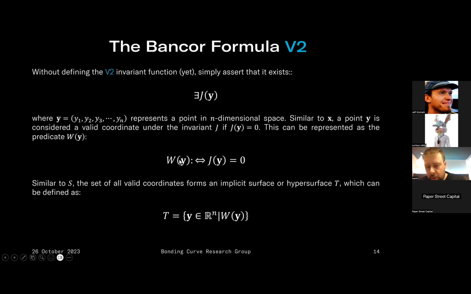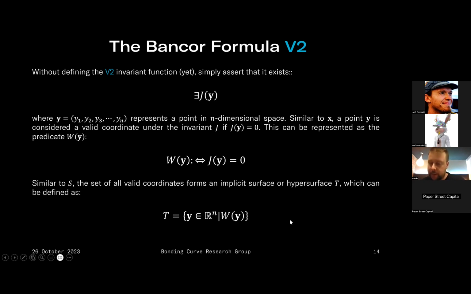So we're going to use the same kind of predicate, W, that's true if and only if whatever this invariant is, and we don't know what it is yet, is equal to 0 for a set of coordinates that Y represents. And so we can also define a surface or a hypersurface, which is the set of all lists of coordinates Y that are in the reals in n dimensions where this predicate W happens to be true.